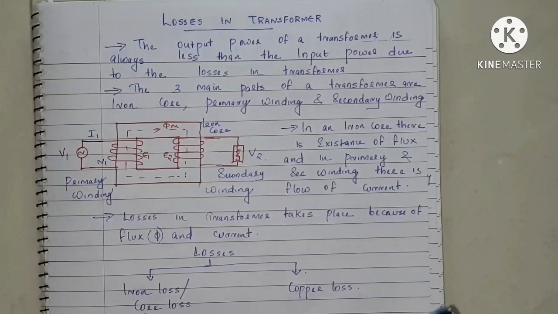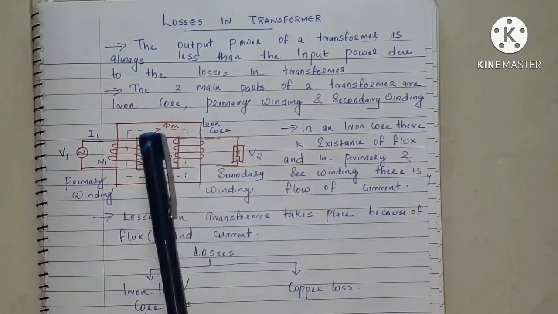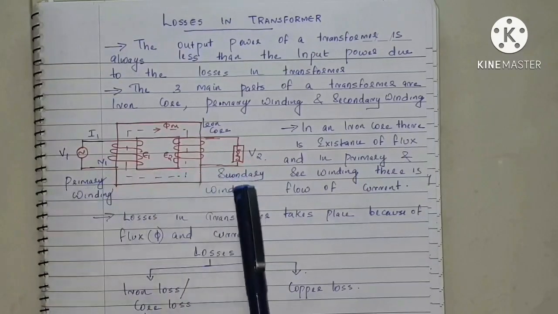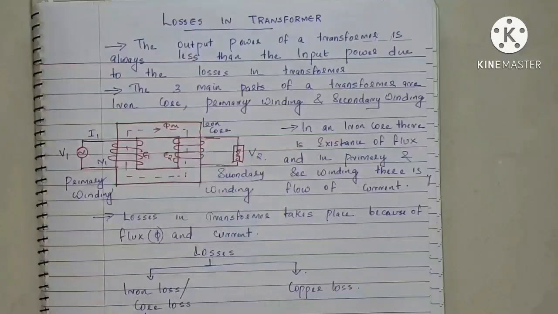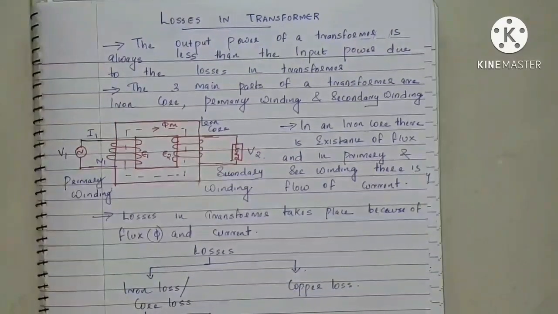In the core, there is existence of flux, and in primary as well as secondary winding, there is flow of current, that is I1 and I2. Losses in transformer take place because of two parameters, that is flux as well as current. Thus, losses can be classified into two types, iron loss or core loss and copper loss.